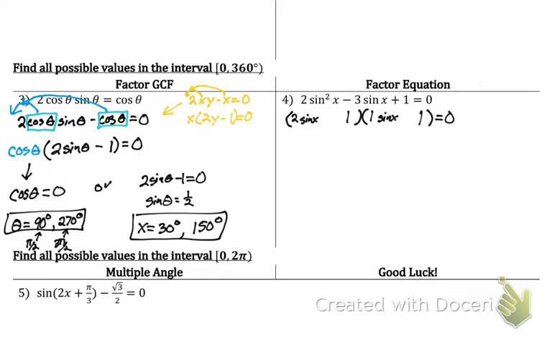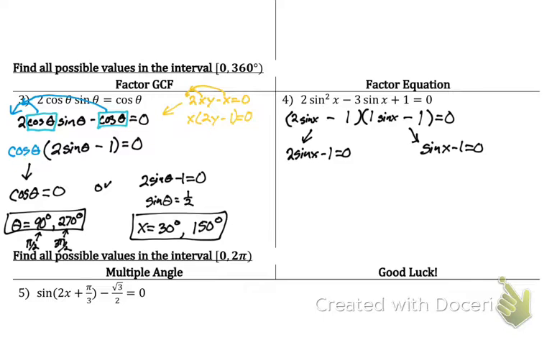I need to make both of these negative. That gives us 2 possibilities. Either 2 sine x minus 1 equals 0, or sine x minus 1 equals 0.